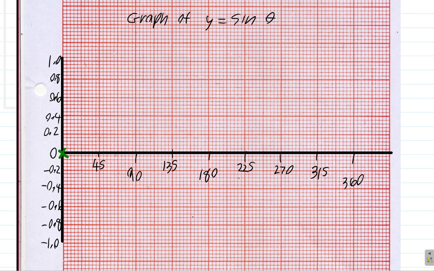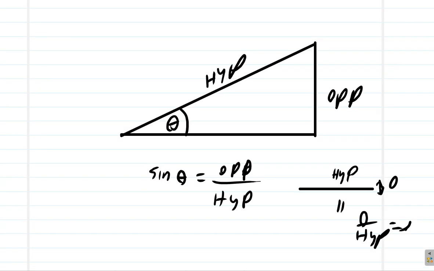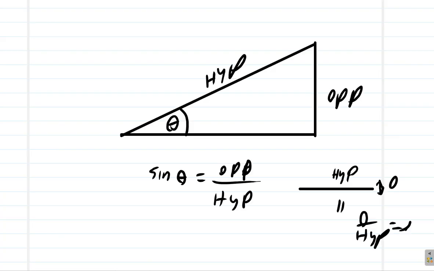Let's come to angle 45 degrees. Now, this particular angle will be such that when you get 45 degrees, that's halfway between 0 and 90.